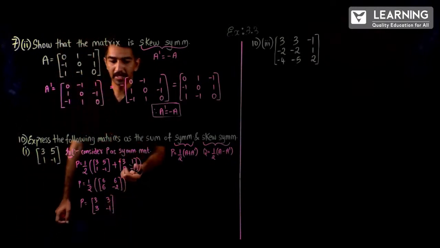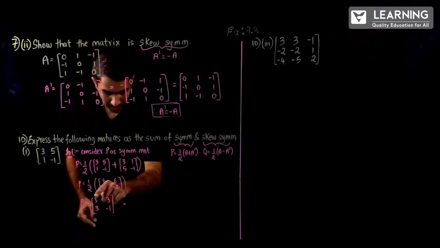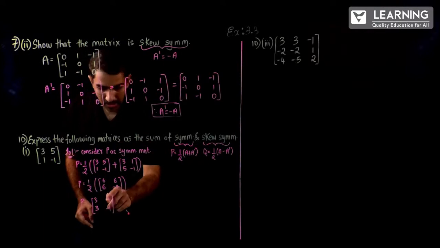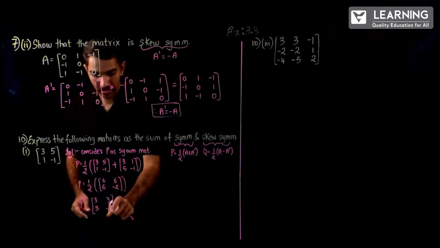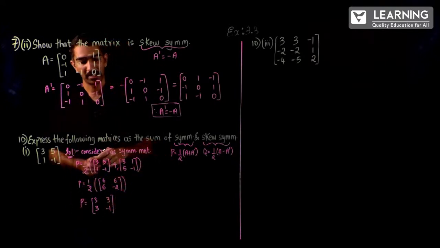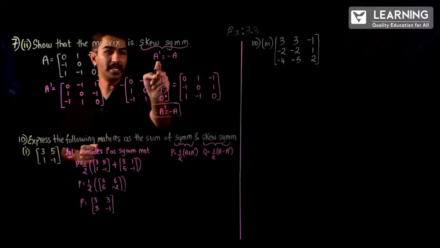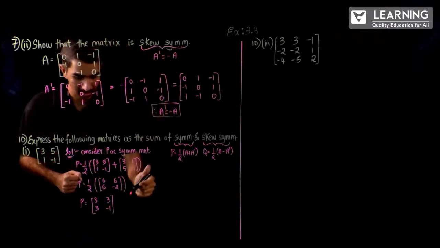Is this a symmetric matrix? Yes or no? How do we know that? Ignore the principal diagonal. Other elements must be mirror images with the same sign. Are they both mirror images, 3 and 3? Yes. Same sign is also there? Yes. Which means what, students? It is a symmetric matrix. Another way: if A dash is equal to minus A, then we call it a skew symmetric matrix.